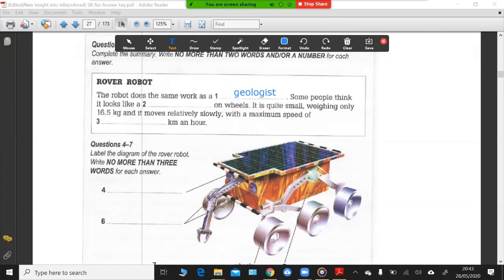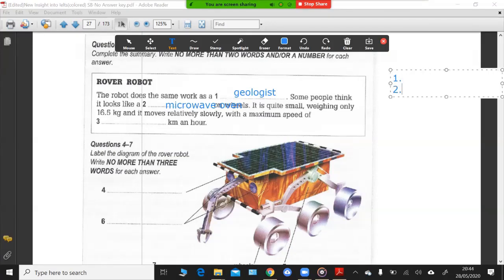And number 2? Microwave oven. We have a limit of no more than 3 words. So microwave oven is the second one. Number 1 is done.